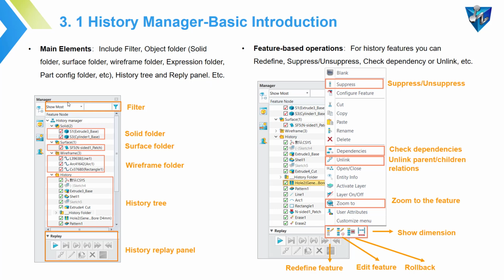You can choose the items you want to display or hide, or you can just search the items by the keywords. And for object folder in ZW3D, there are solid folder, surface folder, and the wireframe folder. And also, if you have expressions or part configs, you can also check it in the corresponding folders.